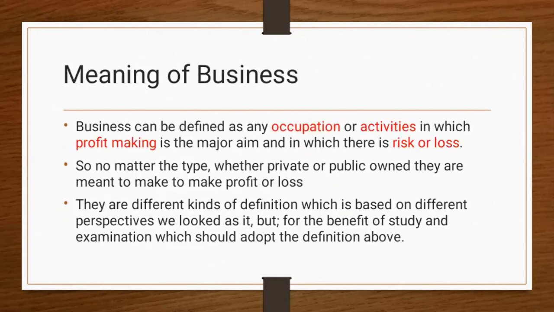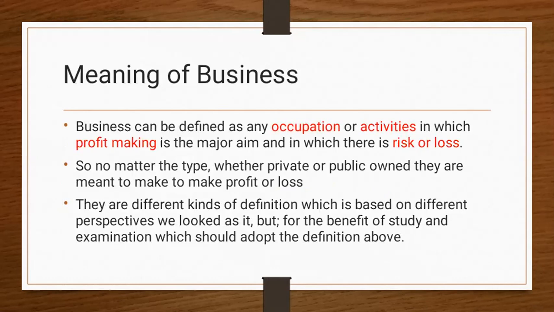And to start with is the meaning of business. So we can say business can be defined as any occupation or activities in which profit making is the major aim and in which there is risk or loss. Now you can see that I use a red color to paint some of the keywords that are very important in the definition.